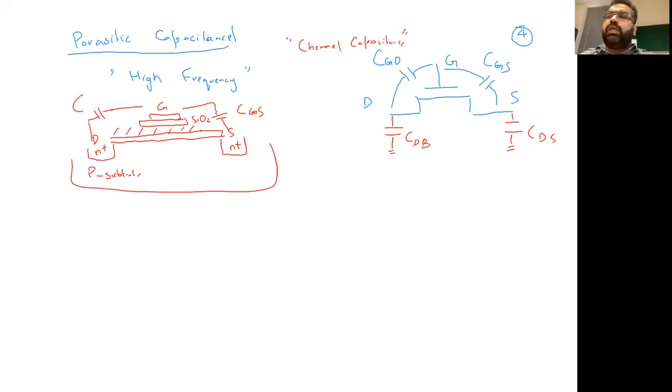Same thing here, CGD. And similarly, from drain to body, we can have a capacitance CDB. If drain, source and bulk are not shorted, we have a capacitance between source and bulk. So that's what we normally have, all of these capacitances, and we call them parasitic capacitances. We are not bringing these capacitances in as a designer; they are coming because of the inherent property of the device.